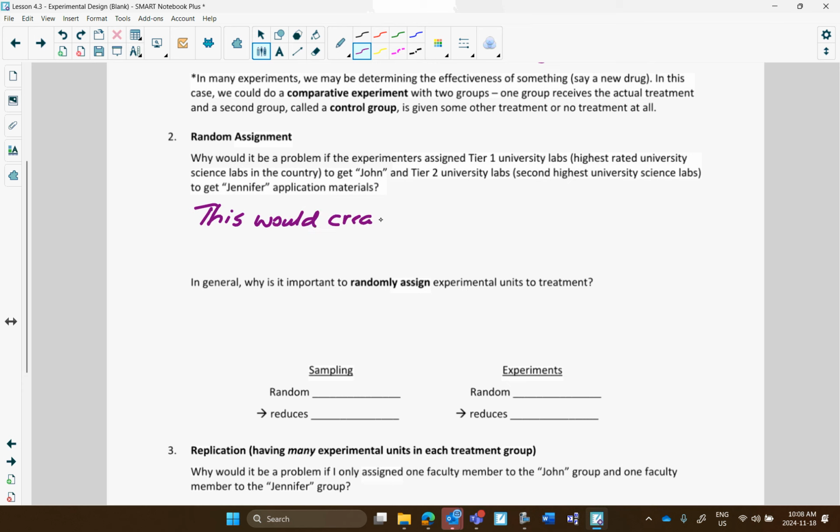This would create confounding. So confounding variables are like accidental explanations. Not necessarily accidental. It's just other things that could possibly happen, whether by accident or not. So this would create confounding.